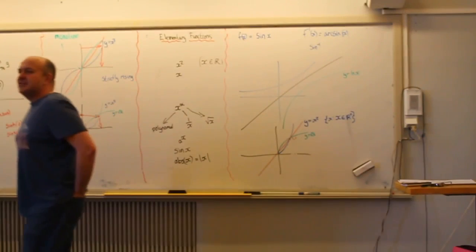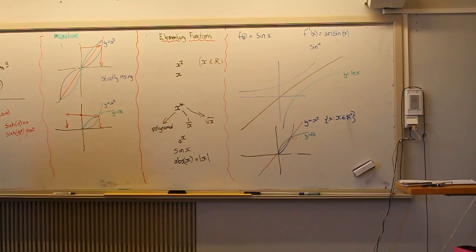Who needs help with this question? Anyone needing help? What did we get? Okay, let's try to put this into your calculator and find the limit value. So we're supposed to solve this.